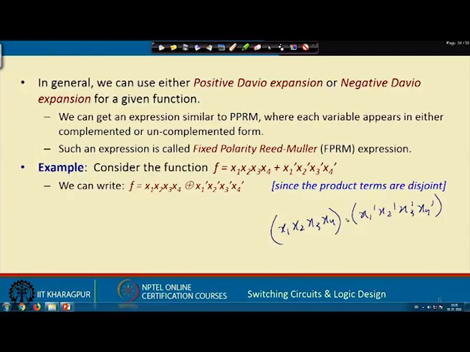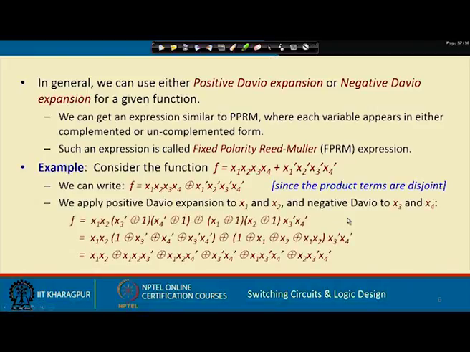If you take the AND of these two, because there is a variable and its complement, they will become 0. So, according to our previous rule, if xy is 0, then we can write x plus y and x XOR y as same. Okay. So, the original function was OR, I can replace it by XOR because their AND is 0. The product terms are disjoint.